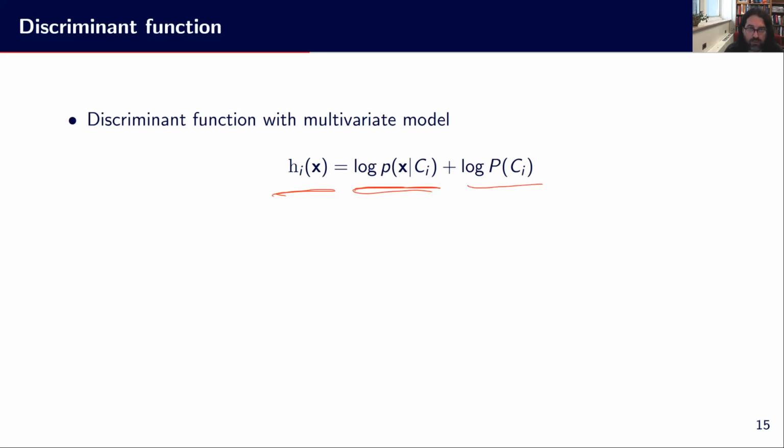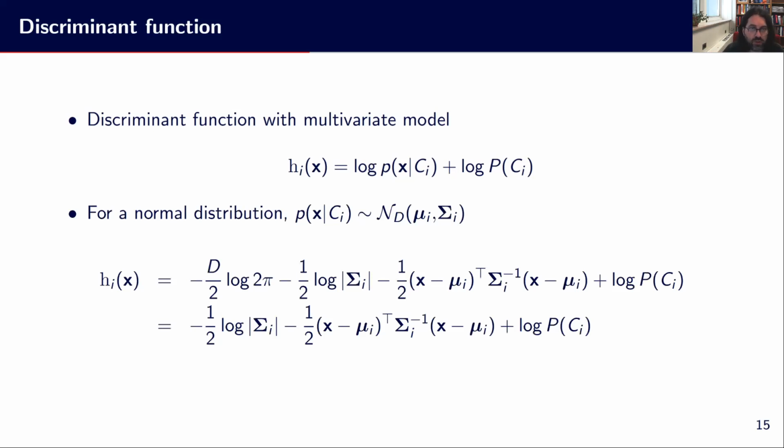This is basically our function. We get rid of the evidence, so the P(x). We don't care about P(x) here. It is not used anymore because it is invariant to the class, so it is the same for each h. So we don't use it. It is not useful in terms of decision.